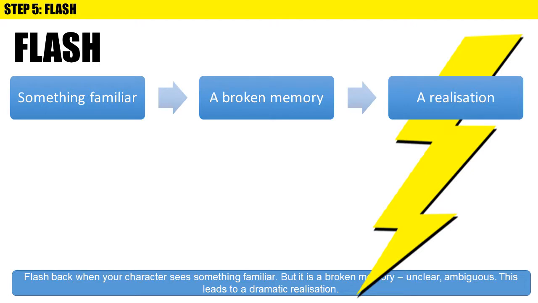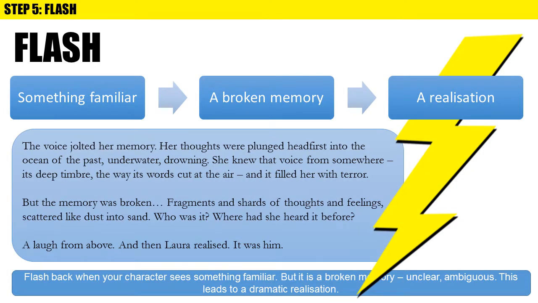For example, the voice jolted her memory. Her thoughts were plunged headfirst into the ocean of the past, underwater, drowning. She knew that voice from somewhere, its deep timbre, the way its words cut at the air, and it filled her with terror. But the memory was broken, fragments and shards of thoughts and feelings, scattered like dust into sand.